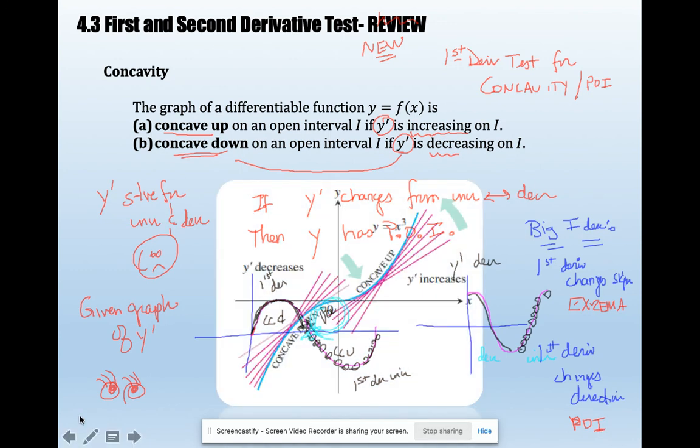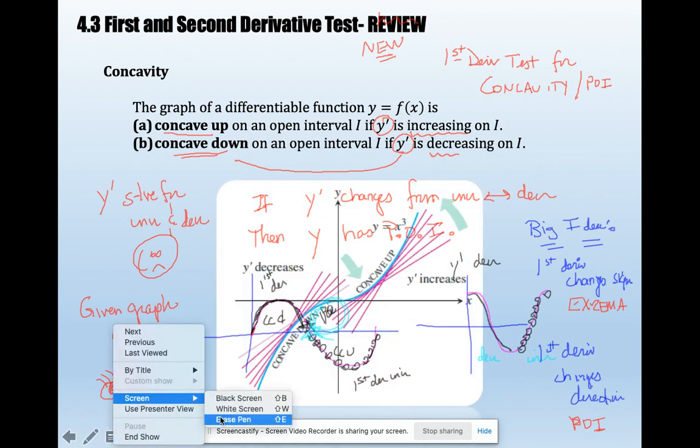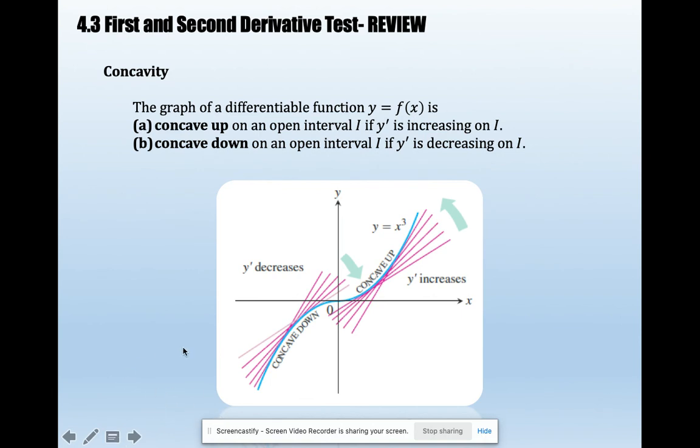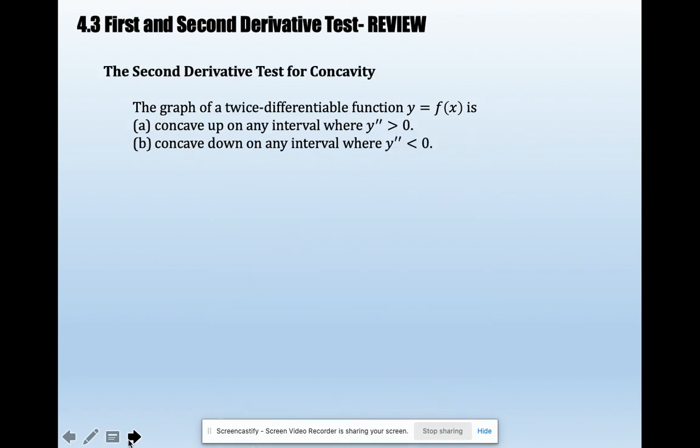Sure, forgot I had that up there. Right, of what I was just talking about. First derivative slope values decreasing, first derivative slope values increasing, what that means for the concavity. This is review, right? The second derivative test for concavity: where the second derivative is positive, concave up, soup for you.